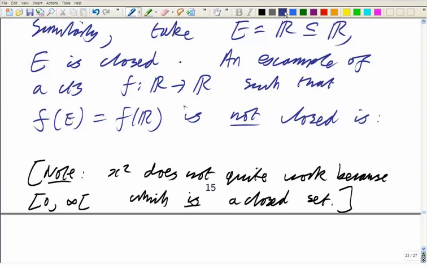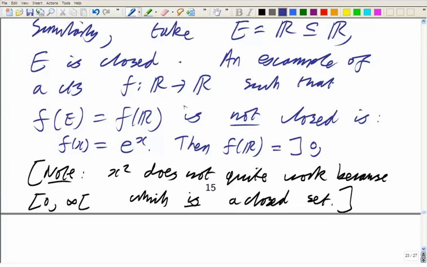So who came up with an example? Who thinks they've got one? Yeah, what have you got? Exponential function. Yes, that works. Then the image, f of R, the exponential takes you to all strictly positive real numbers. And that is not closed.